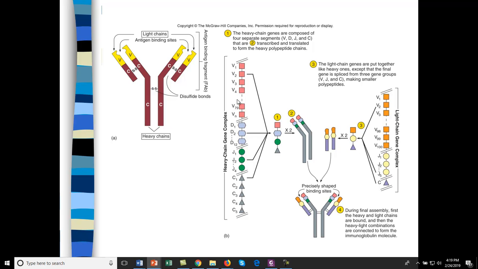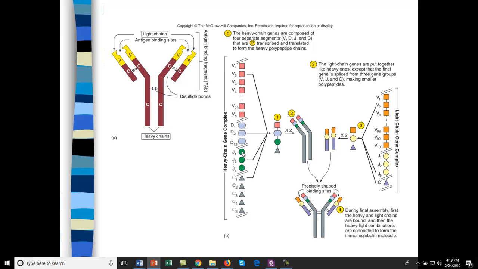Now, in order to build this, we have a variety of domains. We have a V domain, a D domain, a J domain, which is a joiner, and then C for constant. Okay. And these different domains, this is part of the genetic sequence here. They'll mix and match. You have variable region 1, 2, 3, 4, and so forth. D region 1, 2, 3, all the way to 12.